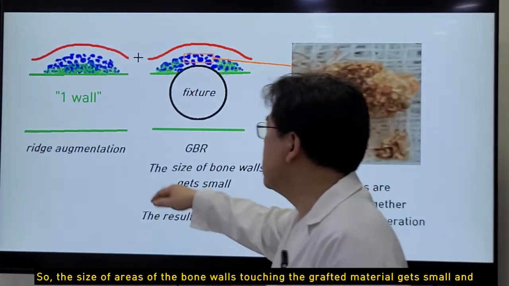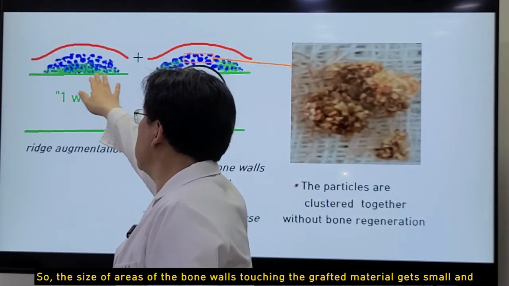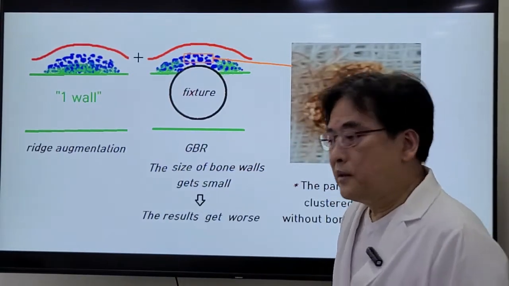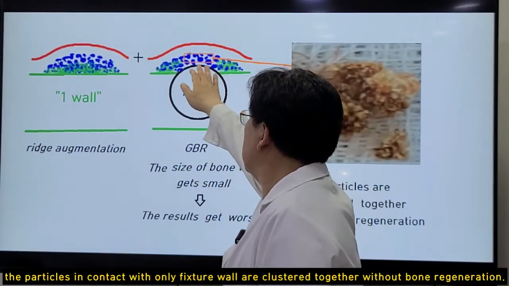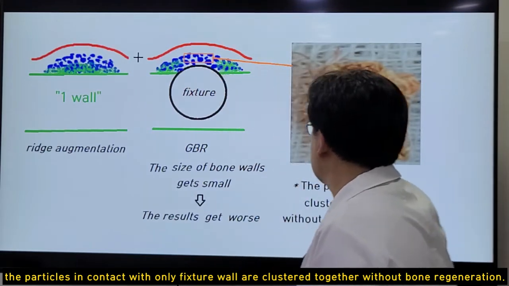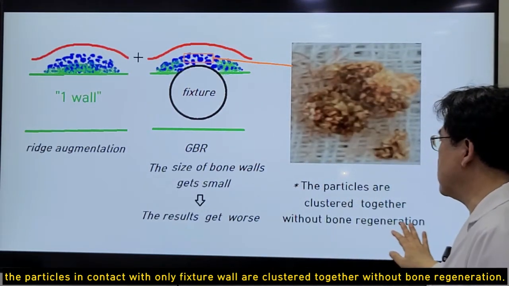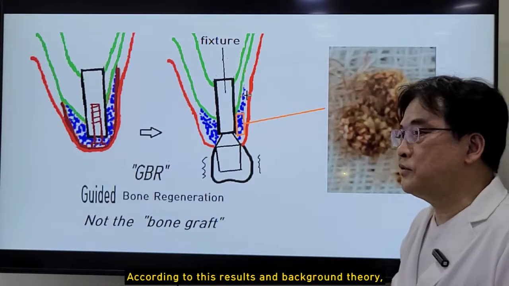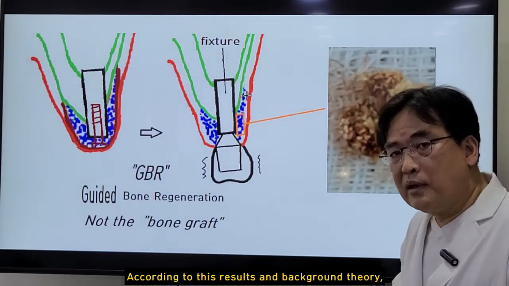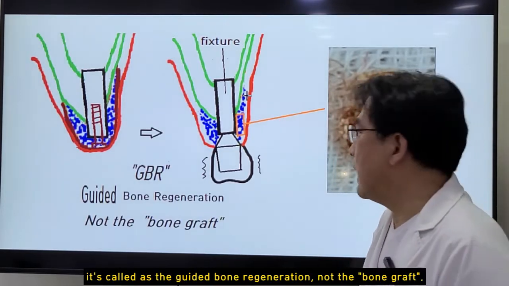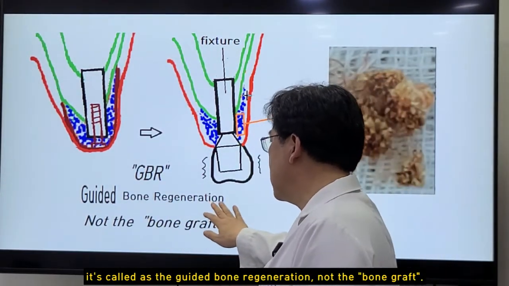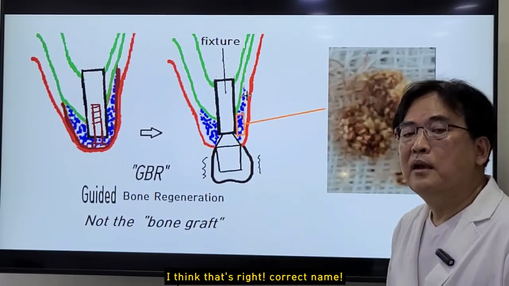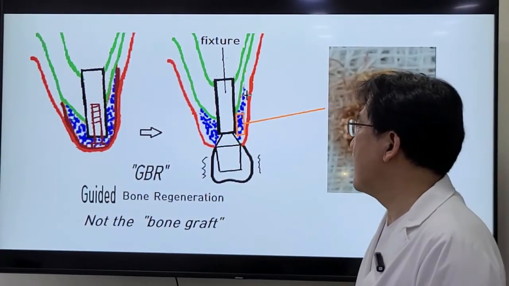So the size of the areas of bone walls touching the grafted materials gets small, and the particles in contact with only the fixture wall are clustered together without bone regeneration. According to this result and the background theory, it's called guided bone regeneration, not bone graft. I think that's the right, correct name.